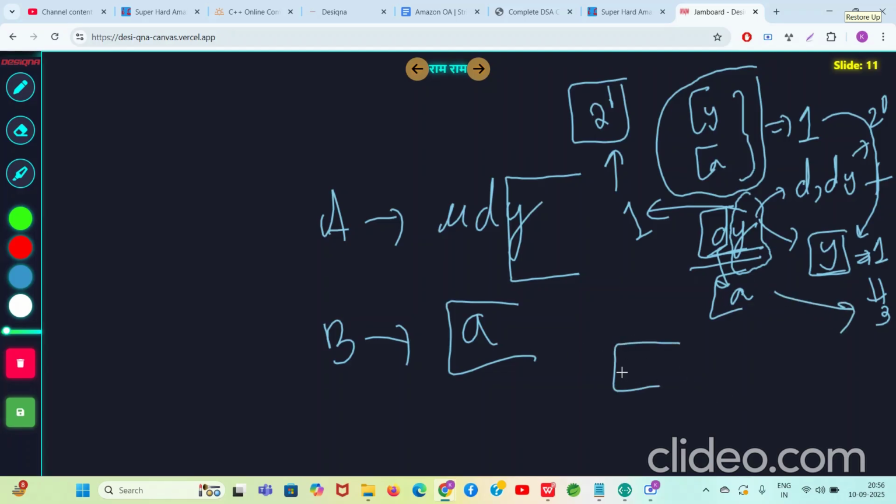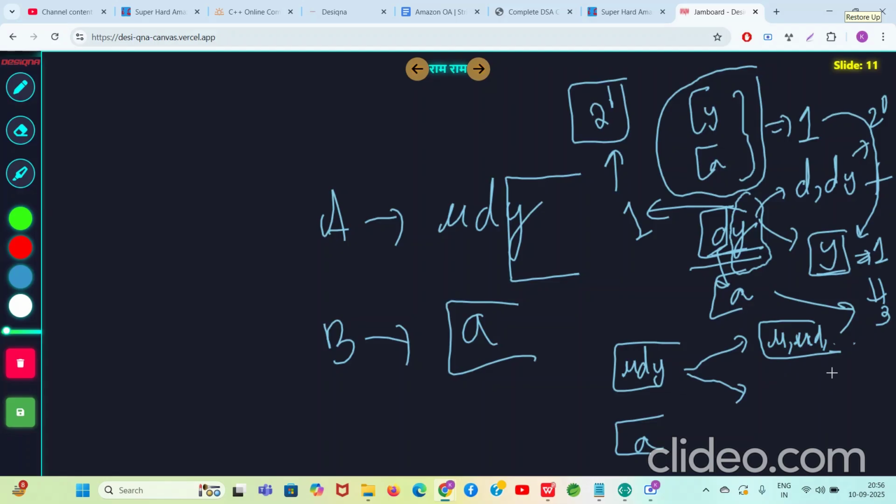Now, we will calculate udy with a. Again, for udy, there are only two types of subsequences possible. One are the subsequences which forcefully include u, like u, ud, and things like that.